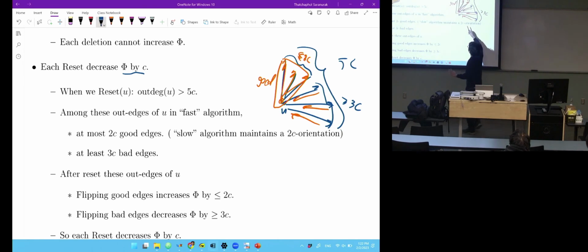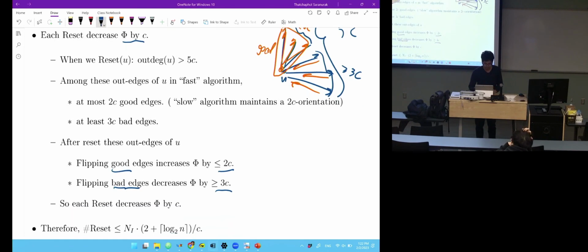And what you do is you flip all the blue edges. It means that some good edges become bad, but that's at most 2C edges, so that increases your potential by at most 2C. The bad edges will become good, and that's at least 3C.